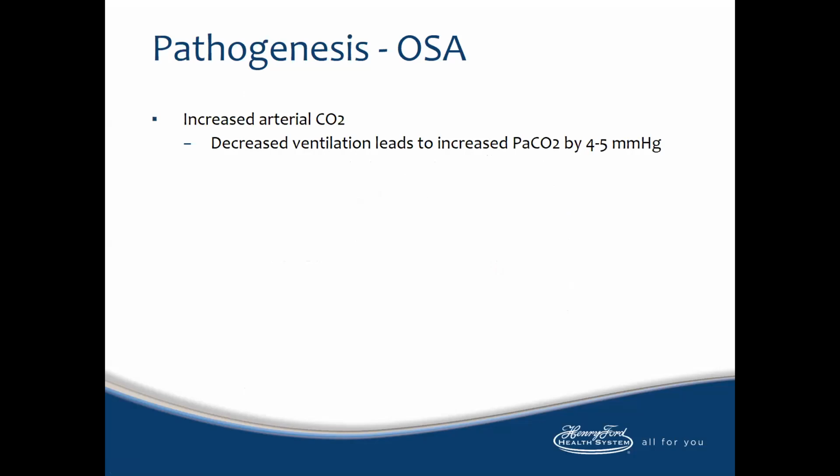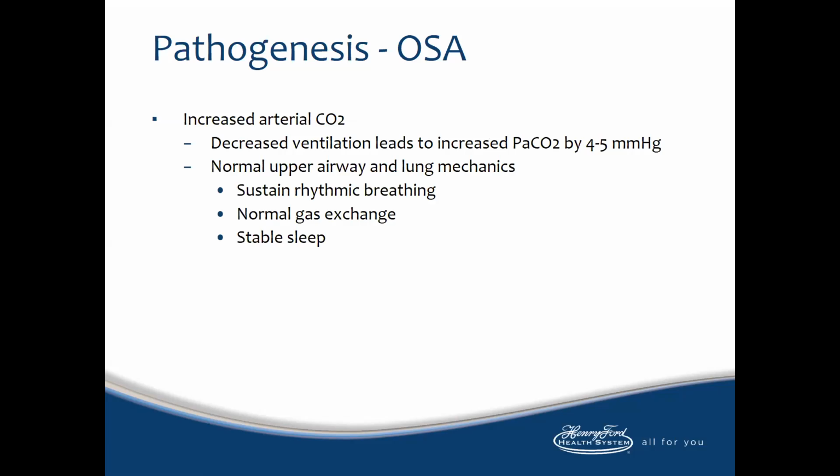Bringing us to our next topic, you will see that increase in the arterial PCO2. The decrease in ventilation leads to this increase of 4 to 5 millimeters of mercury. Again, in a normal airway with normal lung mechanics, someone without OSA, you're able to sustain your rhythmic breathing pattern from your neuromuscular triggers, and that leads to normal gas exchange and stable sleep.